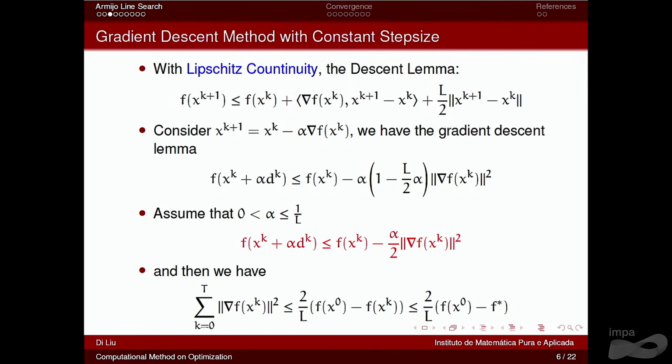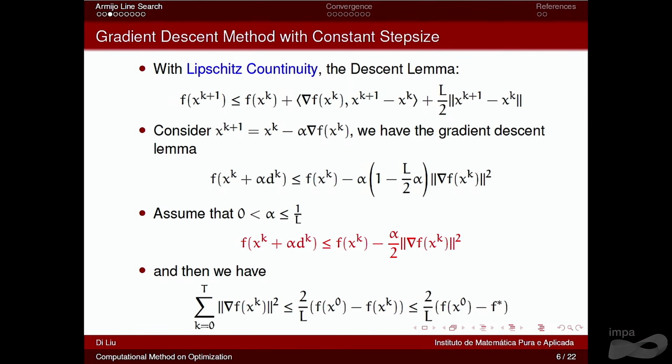Then from this inequality, if we sum from k equals 0 to capital T, we get this inequality. If we let T approach infinity, we will have a convergence result such that at some point of your sequence, the norm of your gradient will approach 0.